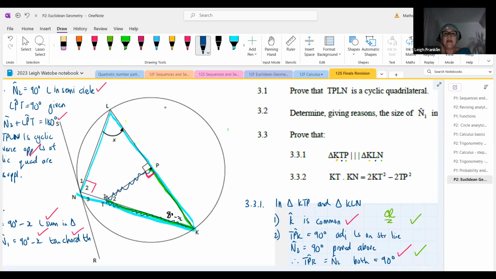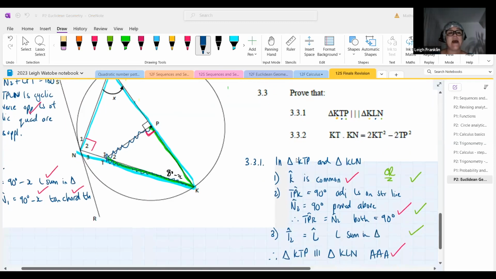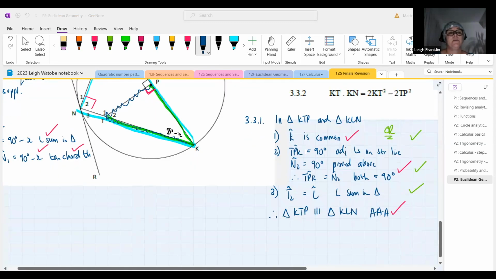So what would KT squared minus TP squared be equal to? Can anybody tell me? Good, Chelsea. Okay, it would be equal to PK squared. All right, so let's use that as our starting point.